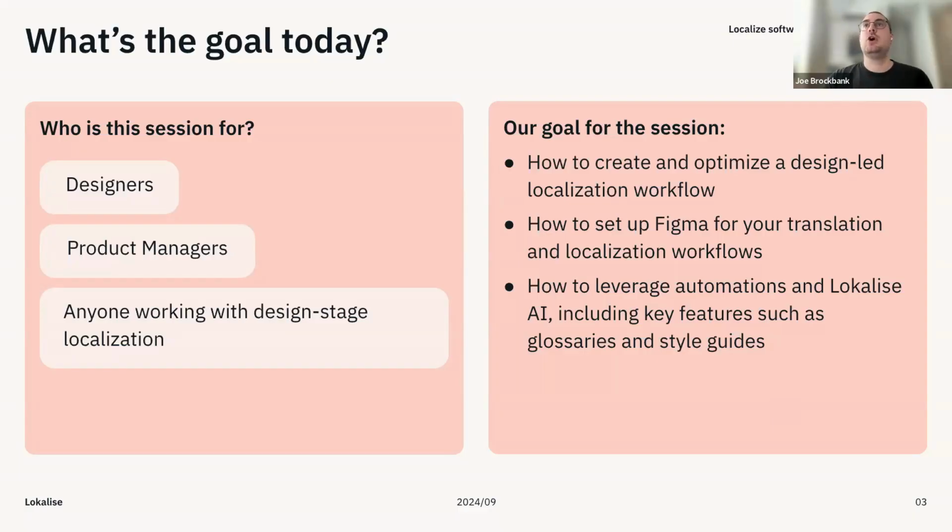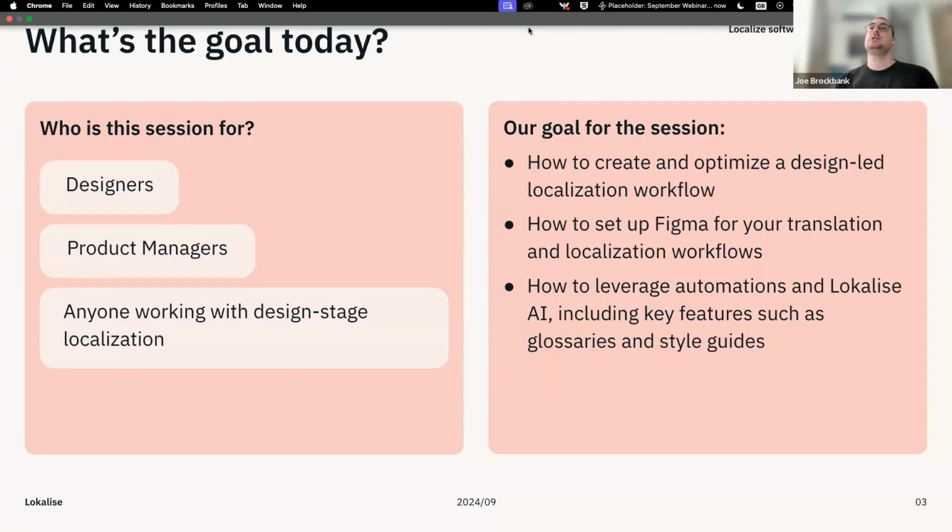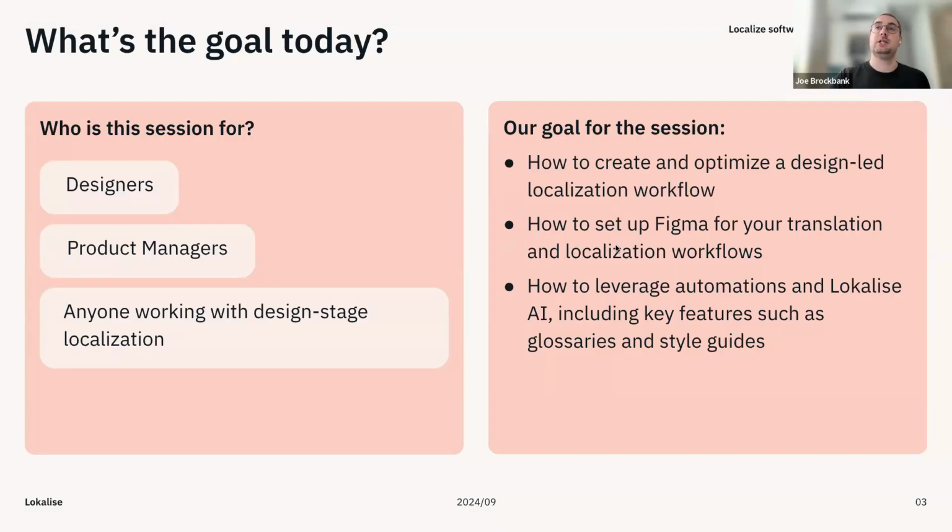And the goal is, as I've already said, to create and optimize a design-led localization workflow using Localize, how we're going to set up Figma in order to be successful here, and also how we can leverage automations, which is basically what happens to keys when they reach Localize. So we've got a few methods of translating and localizing content in Localize. We've also got some key features to show you, and how they can combine to give the best possible outcome of machine and AI translations.